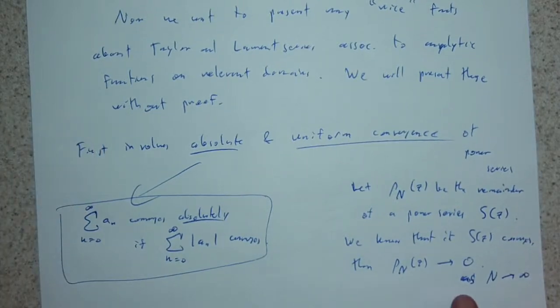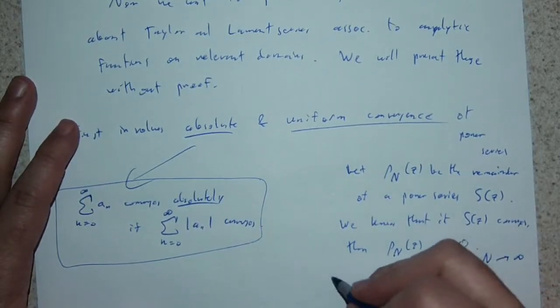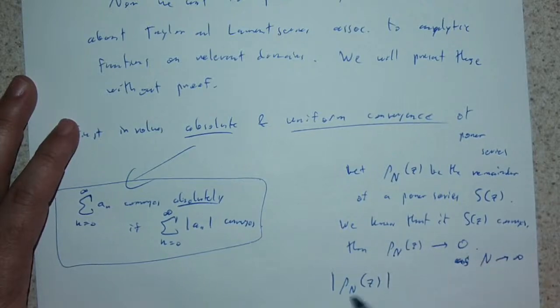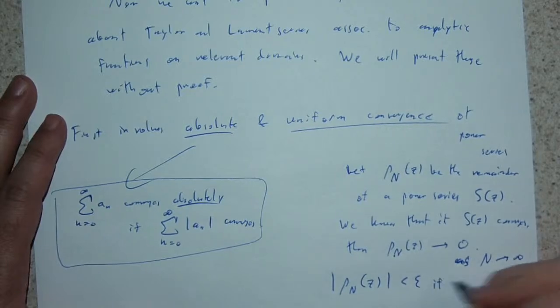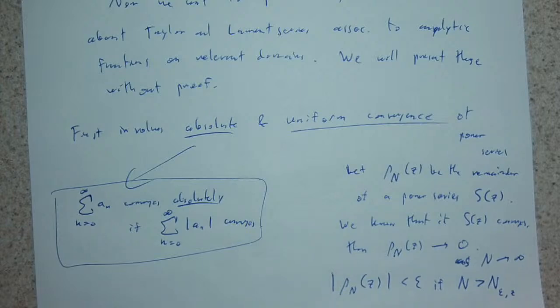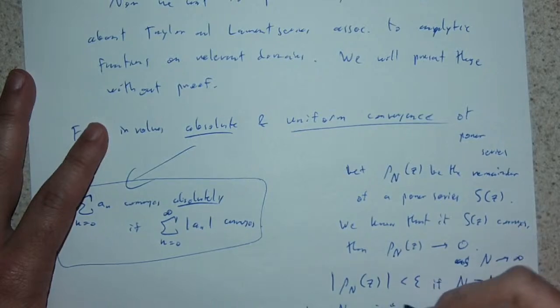But the definition of this thing limiting to 0 as big N goes to infinity means that this remainder term, its modulus, is strictly less than epsilon if n is larger than some chosen N sub epsilon z, where the chosen big N sub epsilon z is sufficiently large.